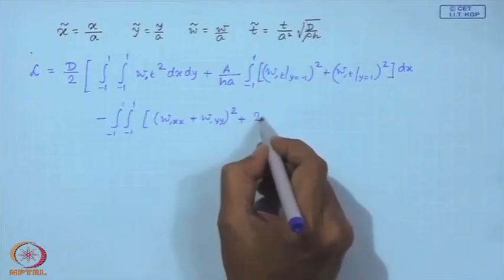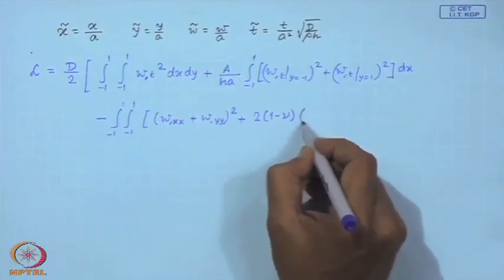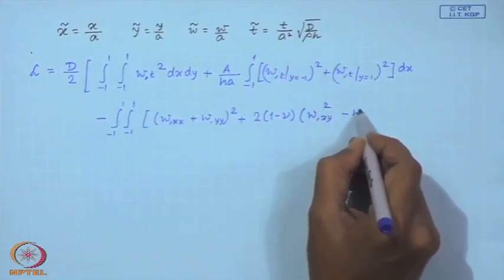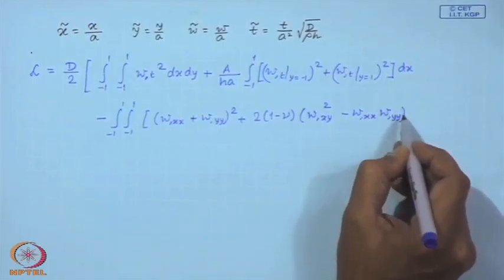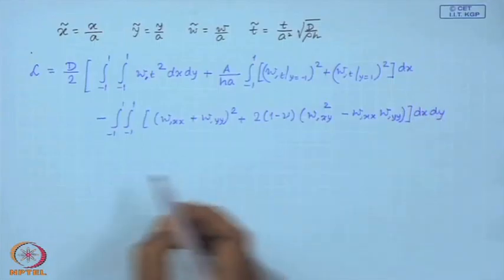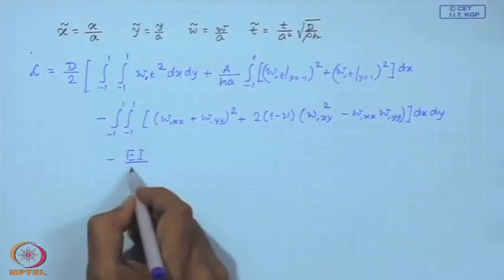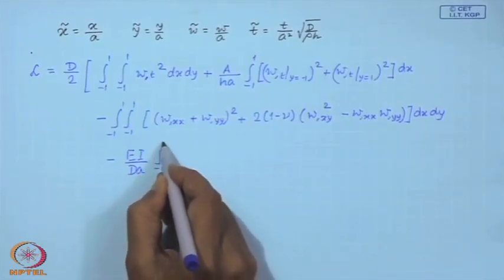This is the potential energy of the plate, and this term is for the two beams.